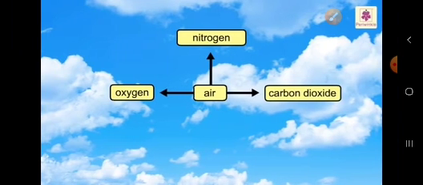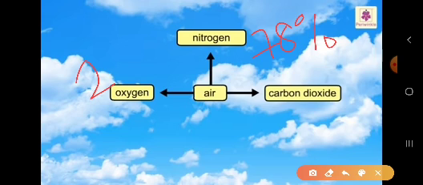Now children, composition of air. Air is made up of nitrogen 78%, oxygen 21%, and carbon dioxide 1%. This is the main composition of air.